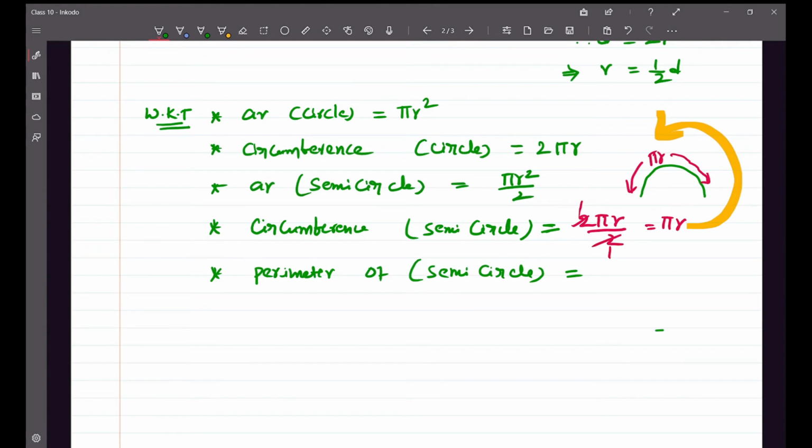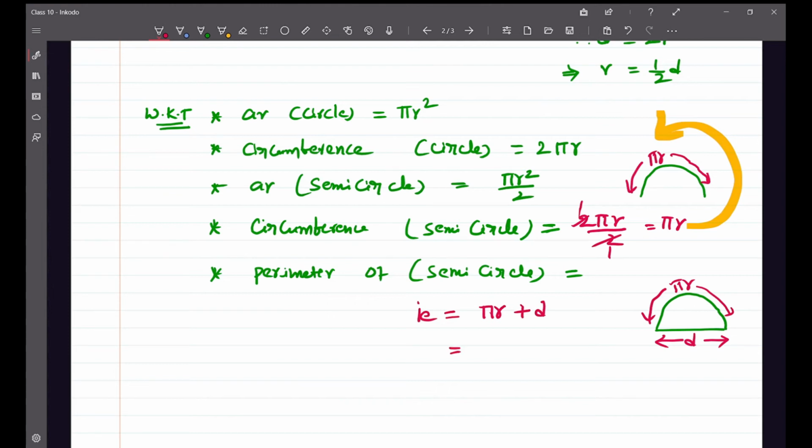For suppose this is semicircle, just now I told you length of this curve is pi r and this length is diameter. Perimeter nothing but length of boundary. So that is equal to pi r plus d. Pi r plus d.